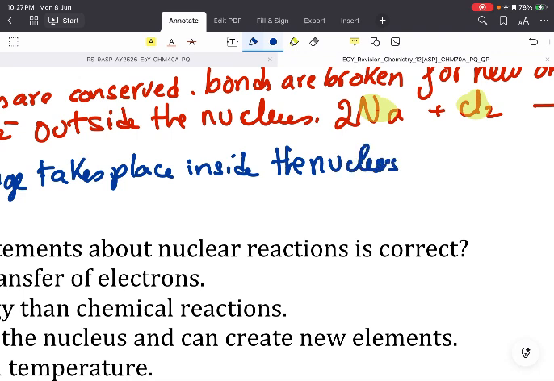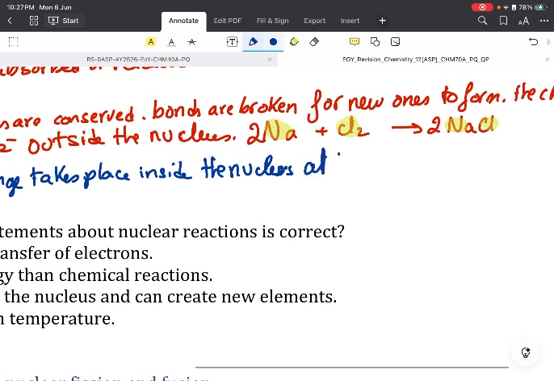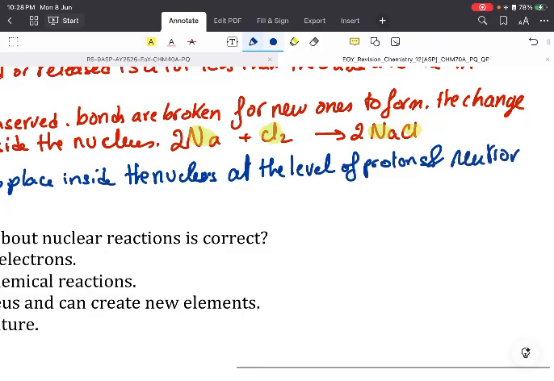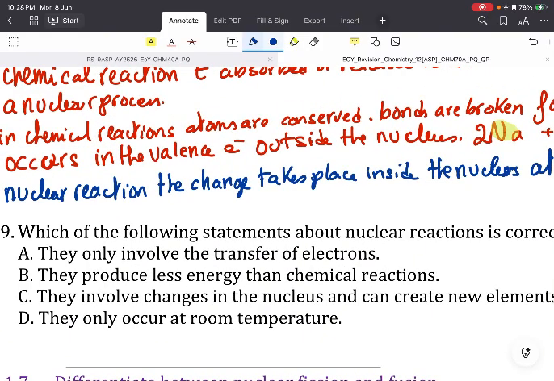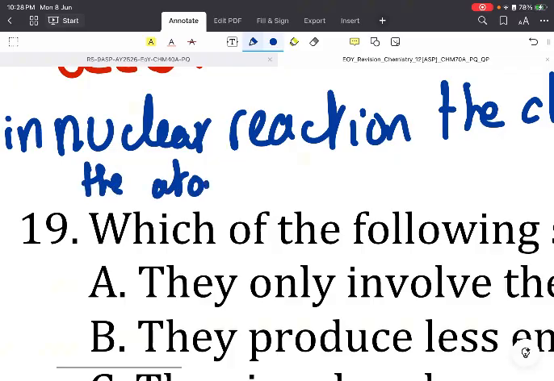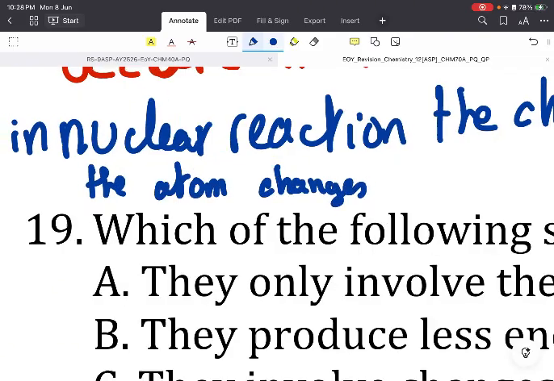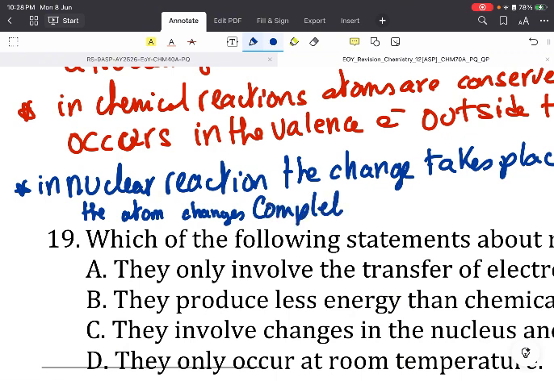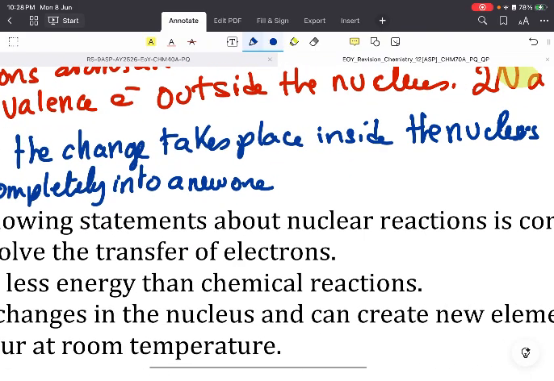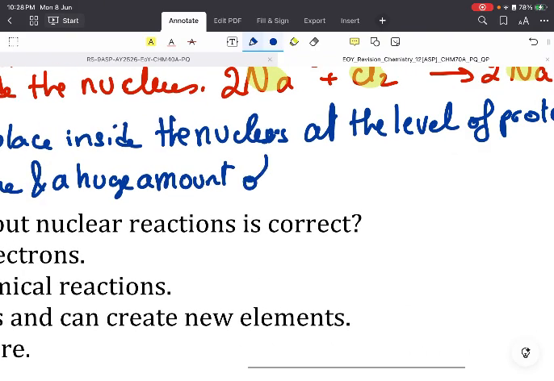Here, it's inside the nucleus, at the level of protons and neutrons. The atom is changed completely into a new one, and a huge amount of energy is released.